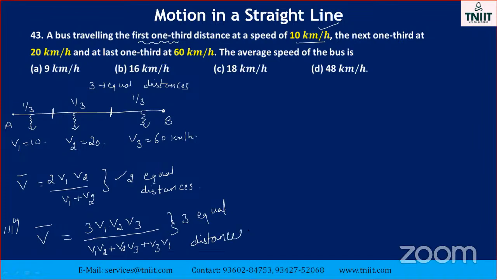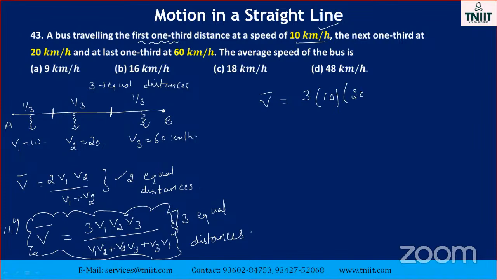For 3 equal distances, what is the formula to find the average speed? You can use the formula 3 times V1 V2 V3 divided by V1 V2 plus V2 V3 plus V3 V1. So the average speed will be equal to 3 times V1, V1 is 10, isn't it?